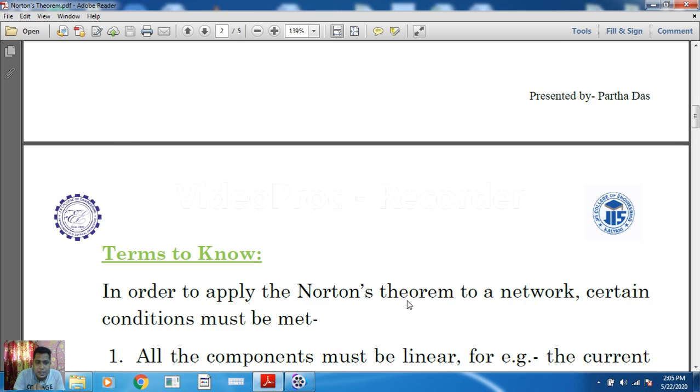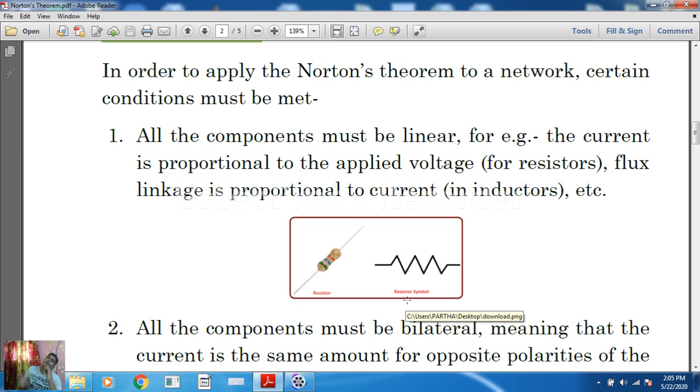Use is done. Terms to know is very important, because I always say to my students that if we understand the terms, where we can apply this theorem and the concept, it will be very easy to apply: where we can use the theorem, where we cannot, and why. So your base should be strong.